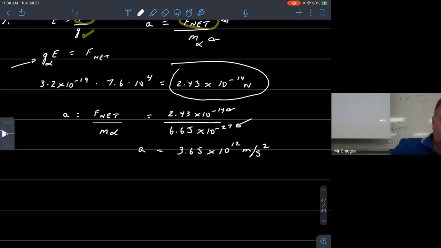But what we need to say from this is that work is equal to the negative change of potential energy.